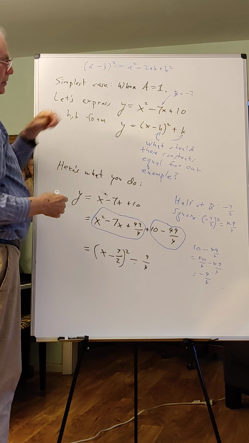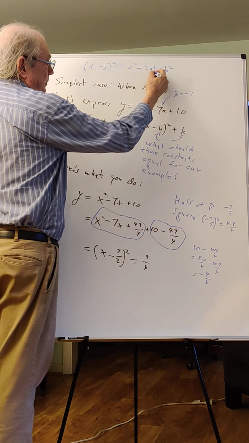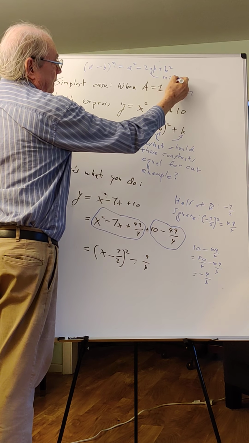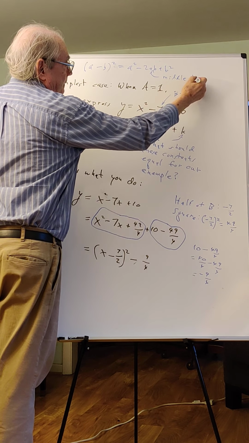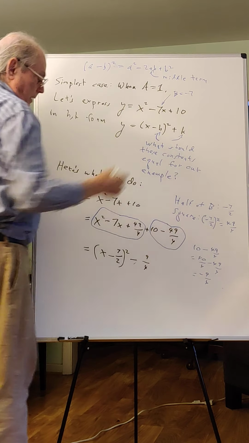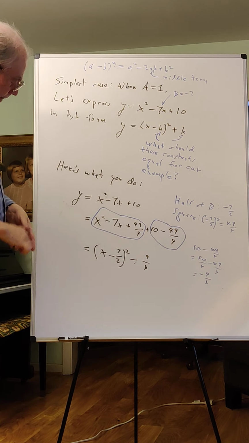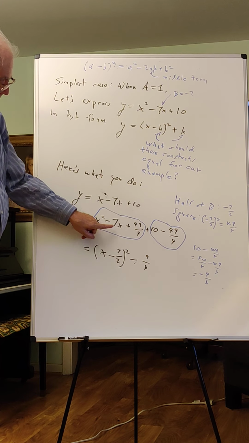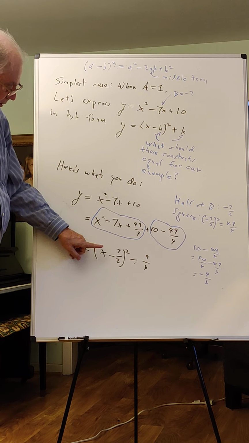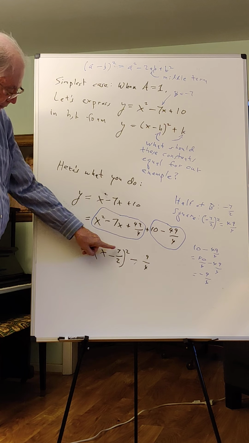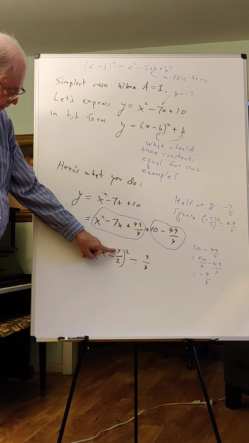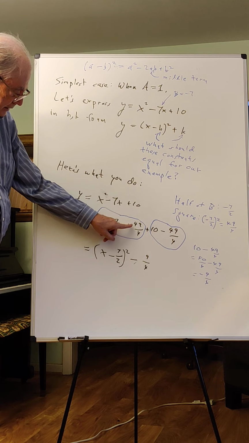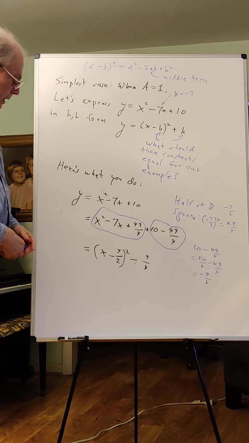We have a middle term here. You know about that because you had algebra 1 in high school. Okay, so think of this as a minus b squared minus 2ab. 2 times x times 7 halves is 7x, and then b squared is 49 over 4.